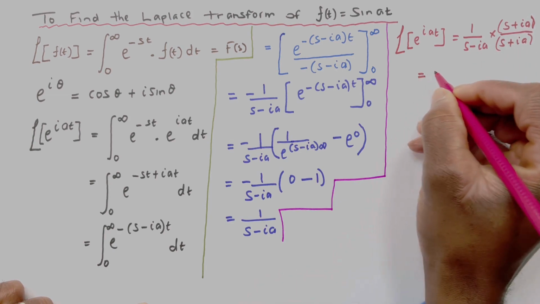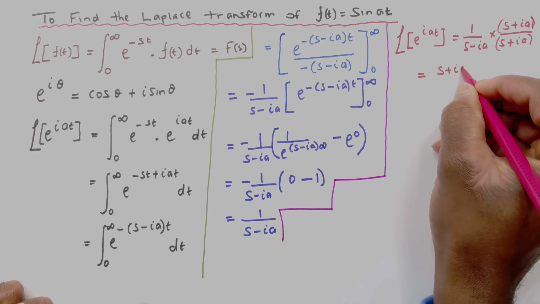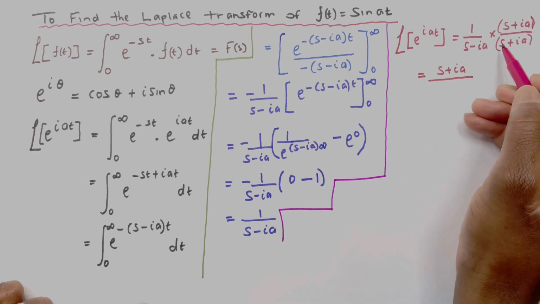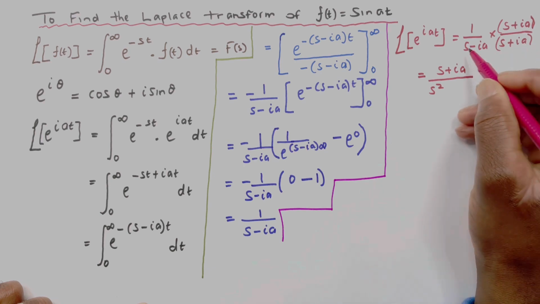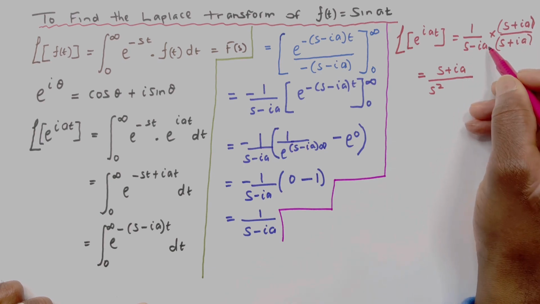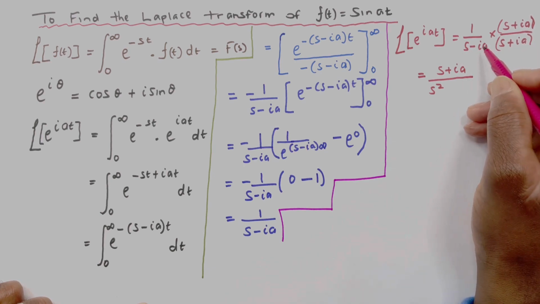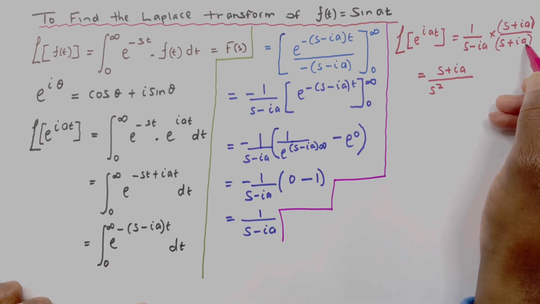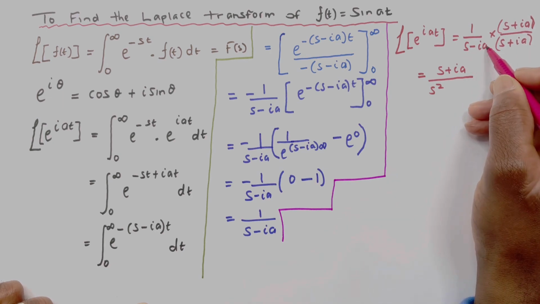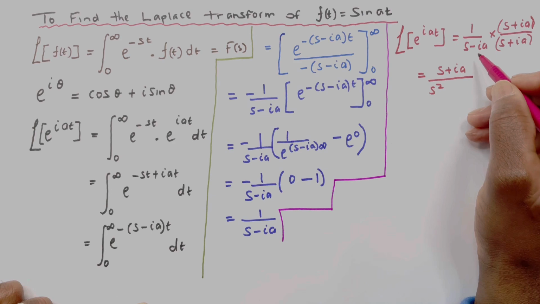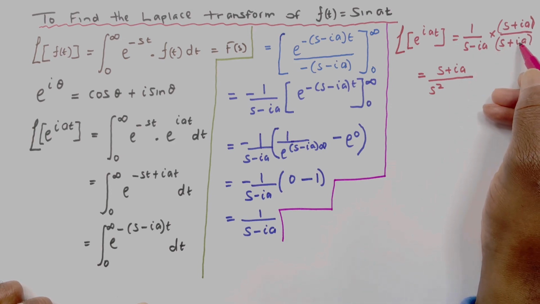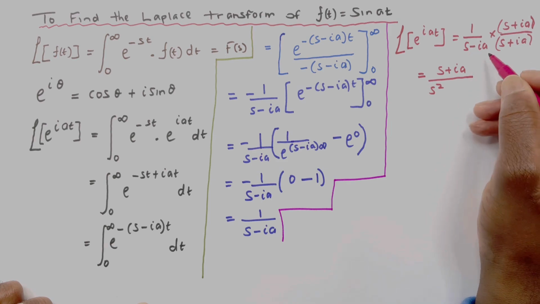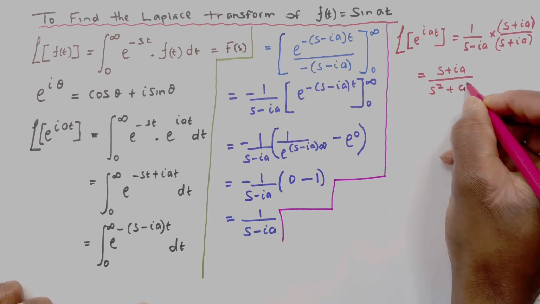That would be s plus i a over s times s, which is s squared. s times i a is s i a, minus i a times s is minus s i a, so that will cancel out. Minus i a times i a will be minus i squared a squared. I squared is minus 1, and minus 1 times minus is plus, so that will be plus a squared.